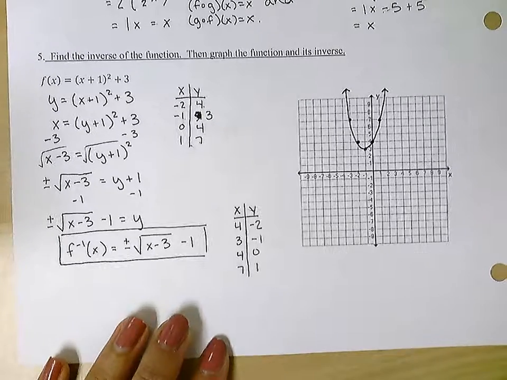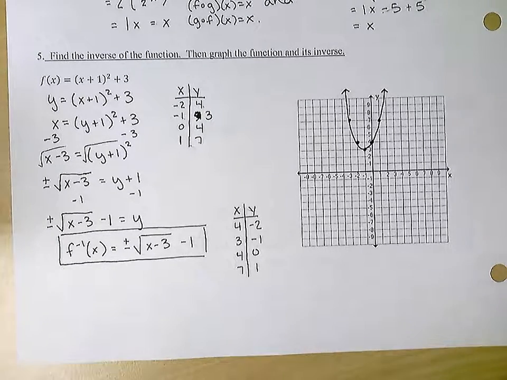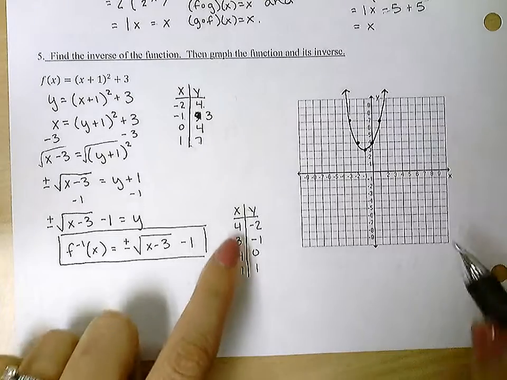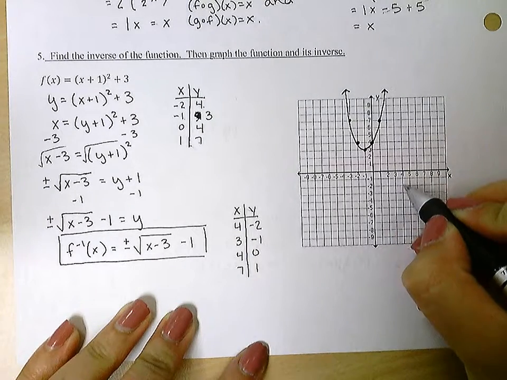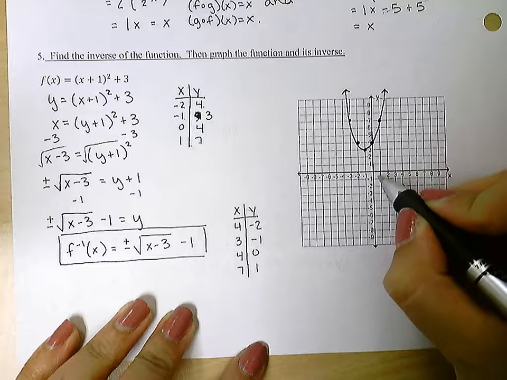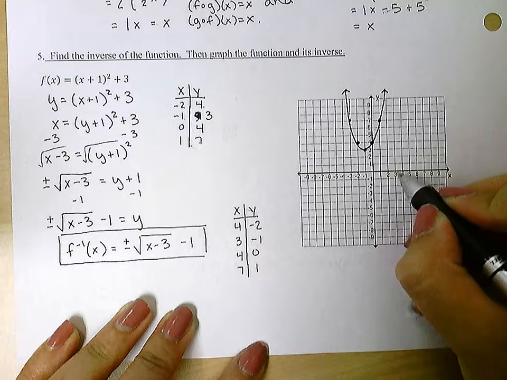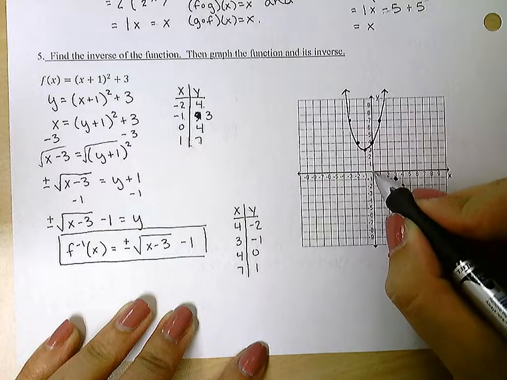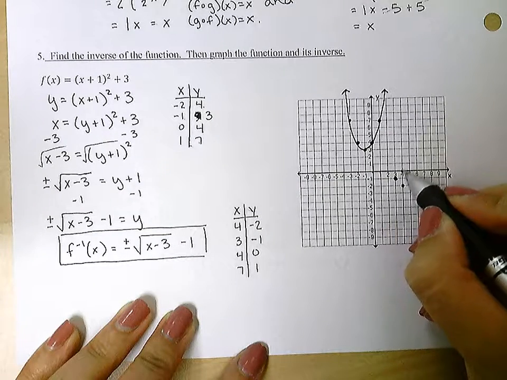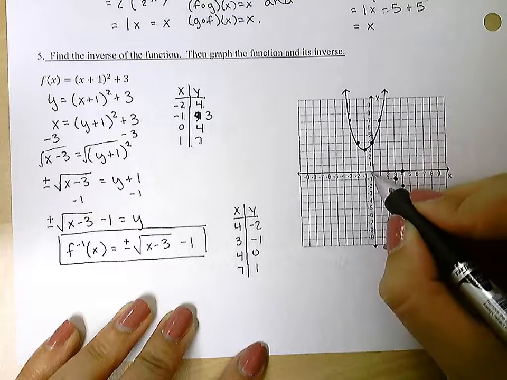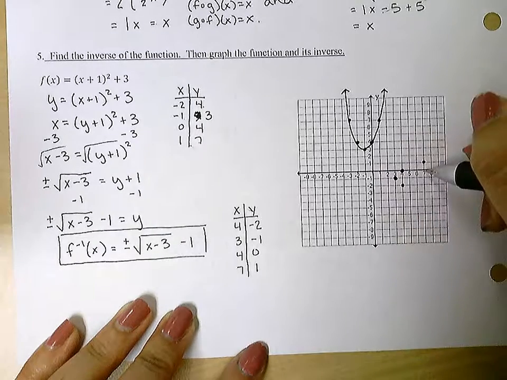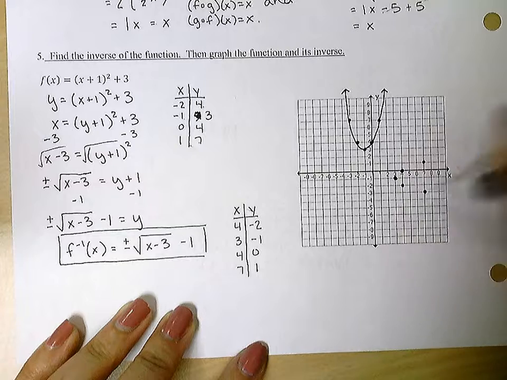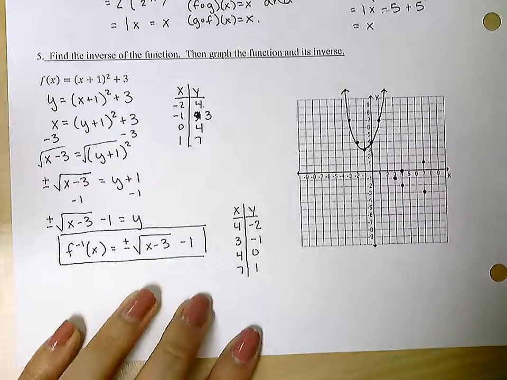Okay, so now that I have each of those points, I can plot those on my graph. So I'm at 4, -2. I'm at 3, -1. At 4, 0. And at 7, 1. Okay, we'll also be at 7, -3 according to our graph over here.